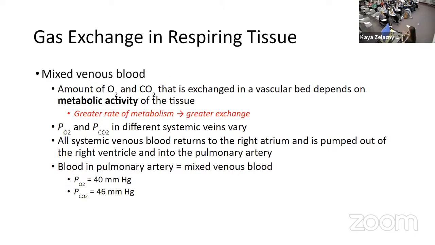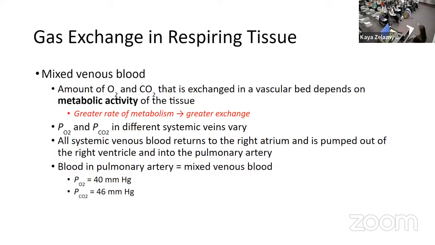Okay. So when we think about that tissue, this is a kind of generalization. The exact amount of oxygen and carbon dioxide being used and produced is going to be dependent upon how active that tissue is, how much you're using that organ system, how much ATP it needs, right?